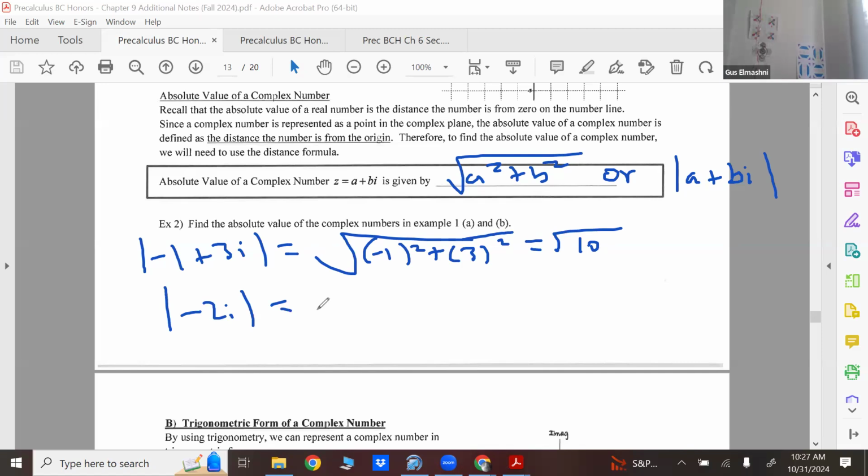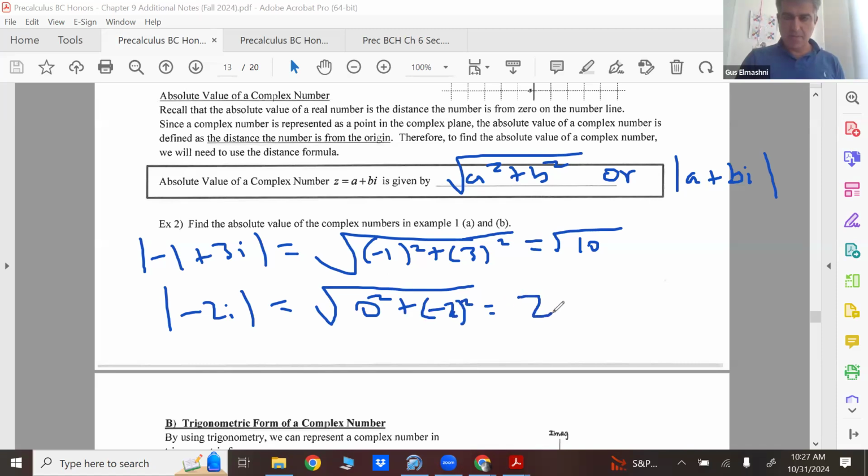Remember, i squared is -1, right? So you totally neglect the i and focus on the coefficient of i. Correct. Cool, all's good.